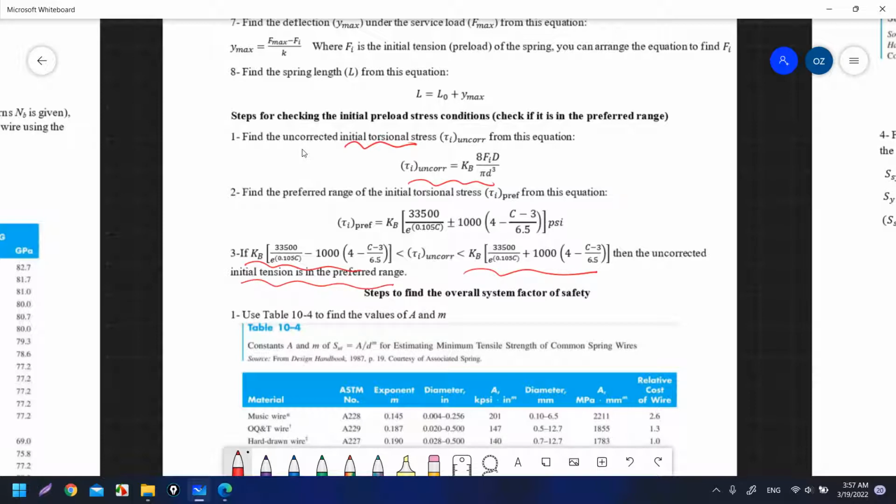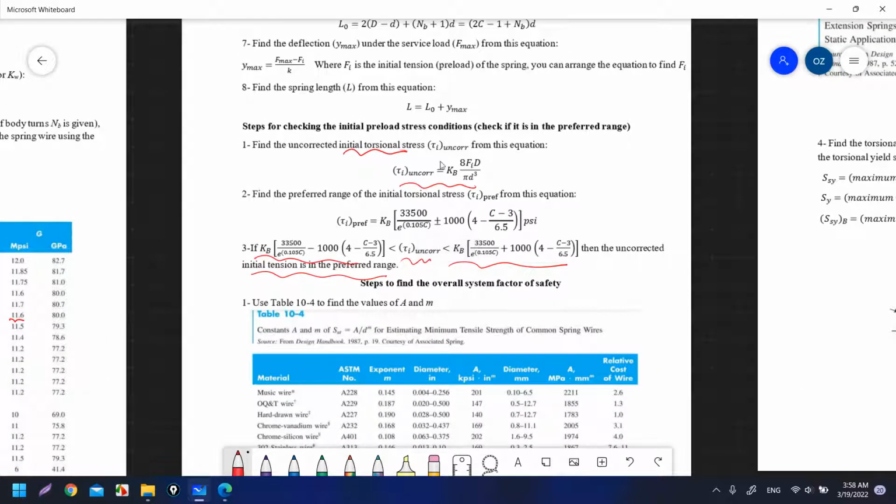So we want to check. I need to find this value in negative 1000 and plus 1000. As you can see, it is a function of the spring index. After we find these values and compare them to our initial torsional stress, if it is between them, we consider it in the preferred range. If it is not, we say it is not in the preferred range.